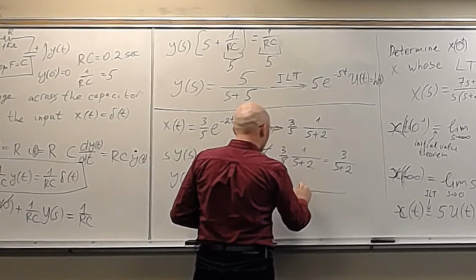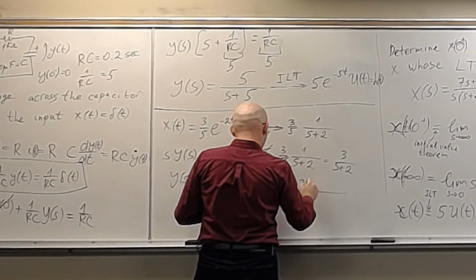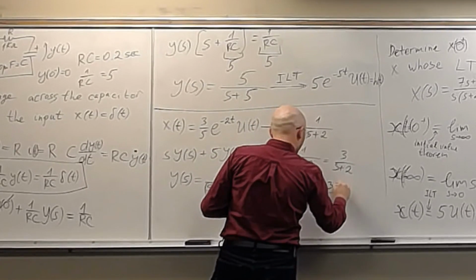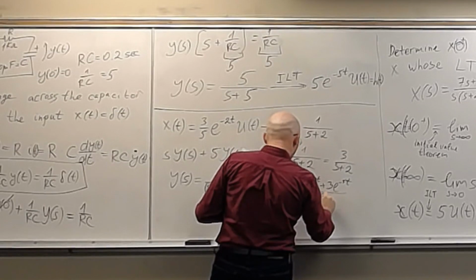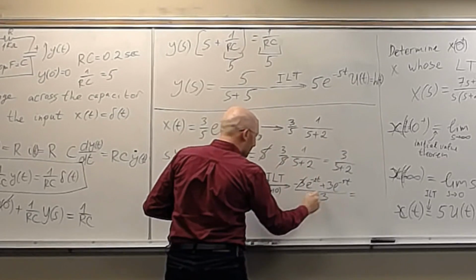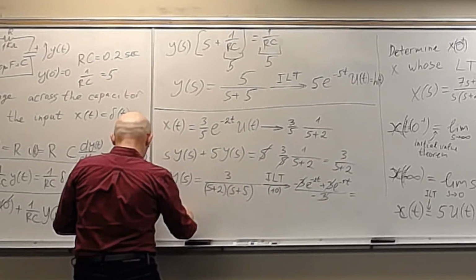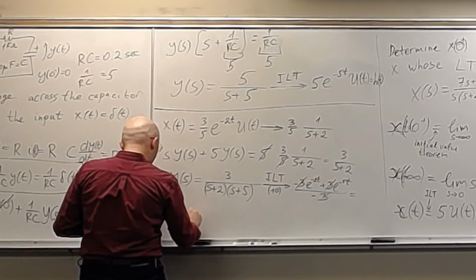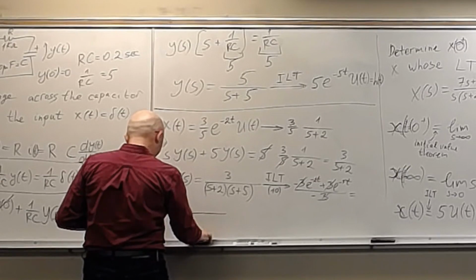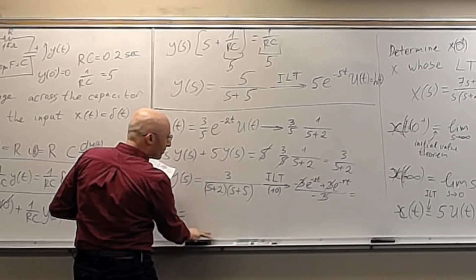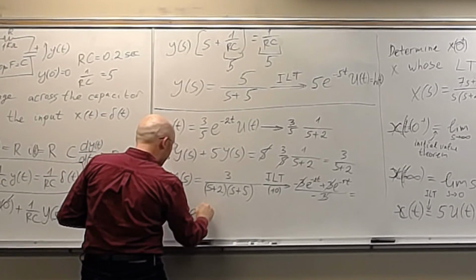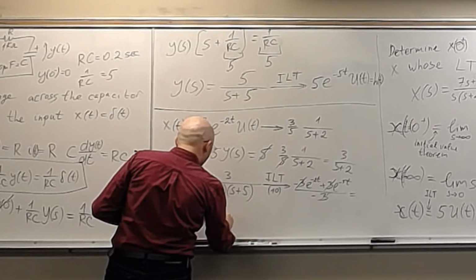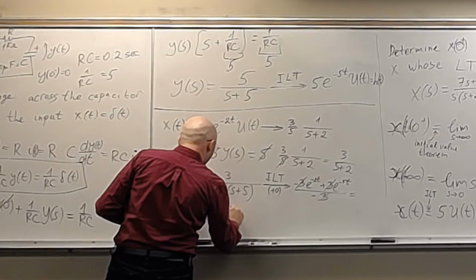What you'll get is negative 3 exponent minus 2t plus 3 exponent minus 5t divided by negative 3, which is cancelling all of those. And then you'll get exponent minus 2t minus exponent minus 5t.